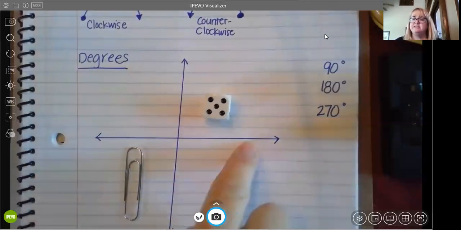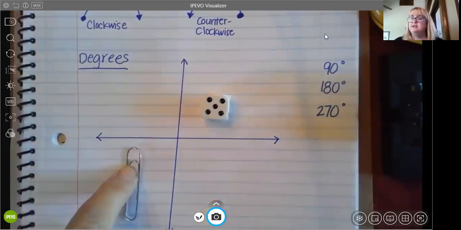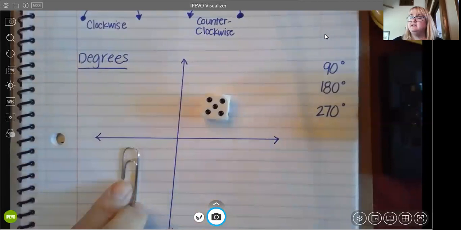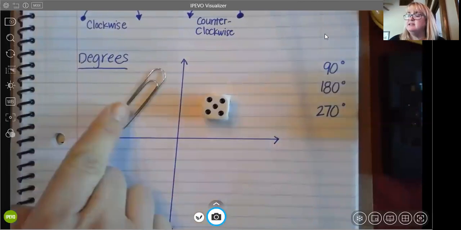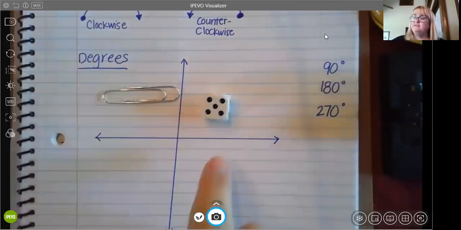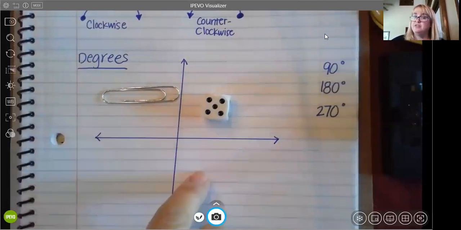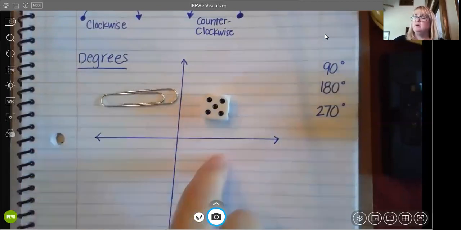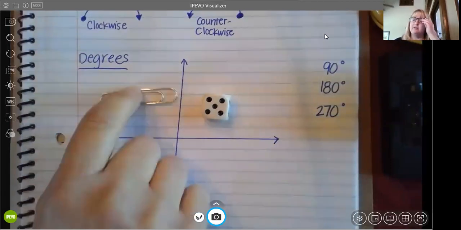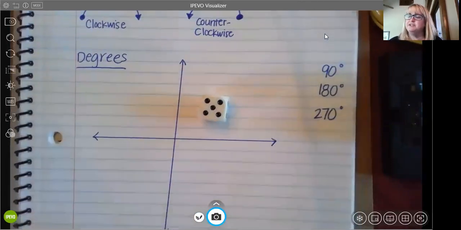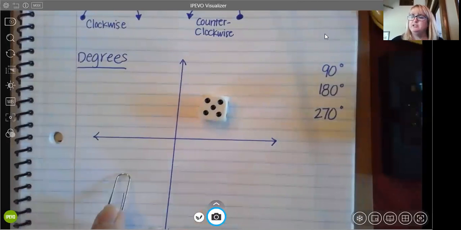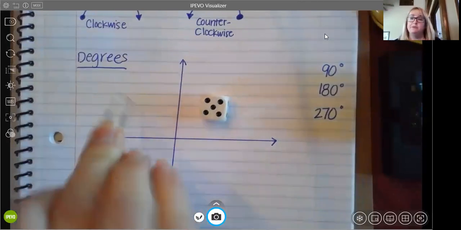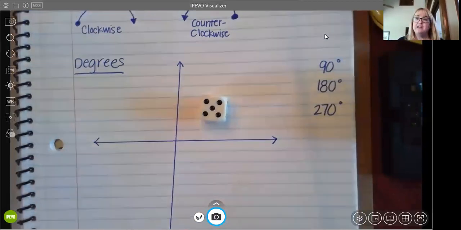So this would be 90 degrees here, 180 here. So we're moving 180 degrees clockwise to go from here to here. If I want my die in this quadrant and I'm moving clockwise, I have to go through three quadrants: 90, 180, 270. And then 360 would be right back where you started from. But we are not going to find 360-degree rotations because there's no change.